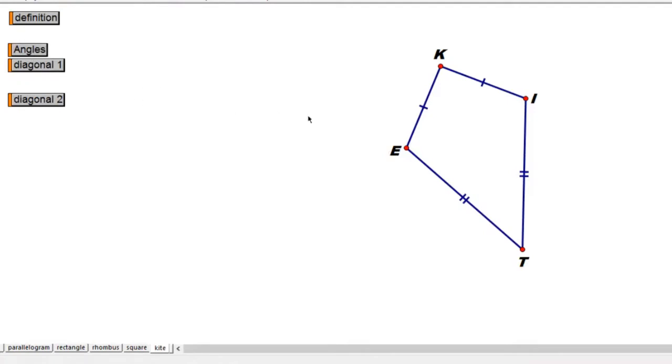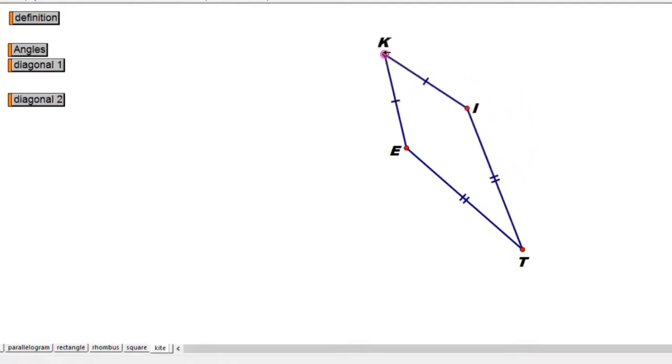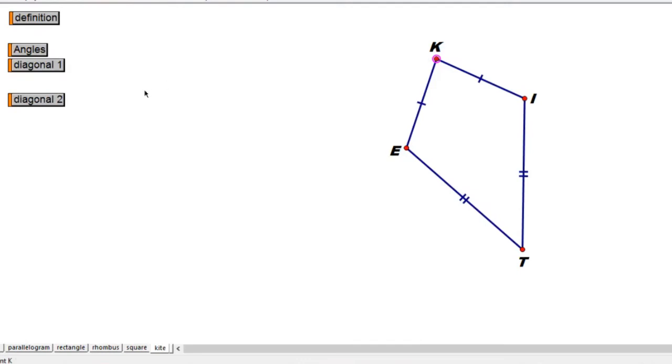Let's take a look at another property of a kite. We'll draw the diagonals. There's a diagonal. Diagonal KT connects the two vertex angles.